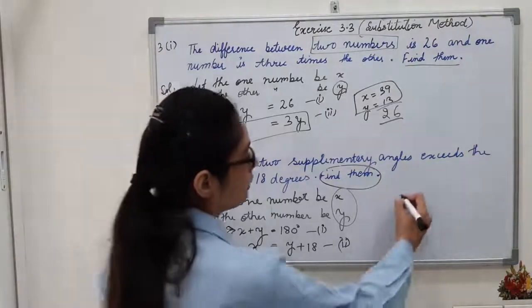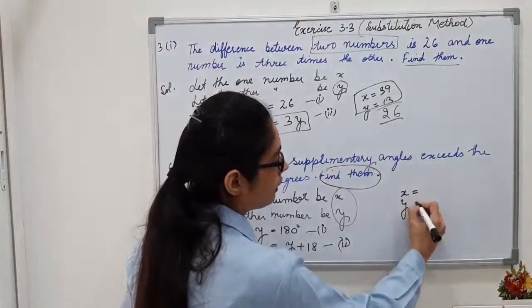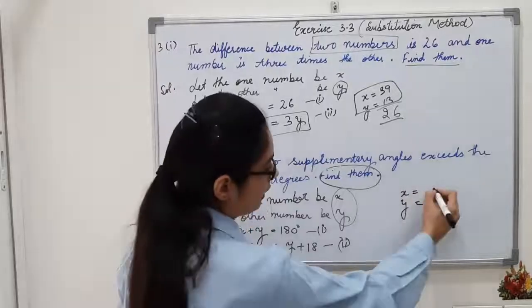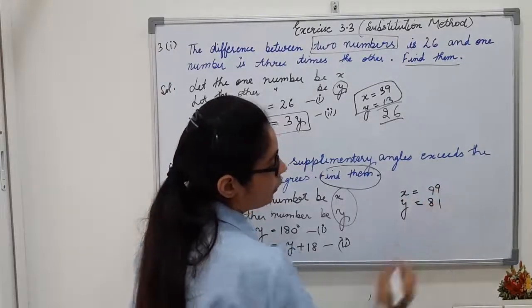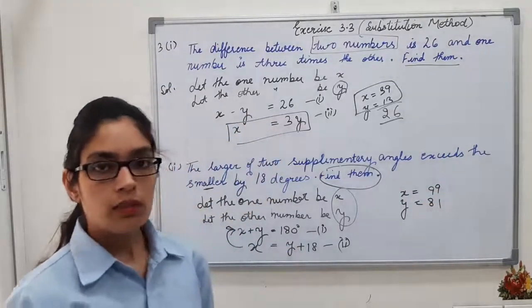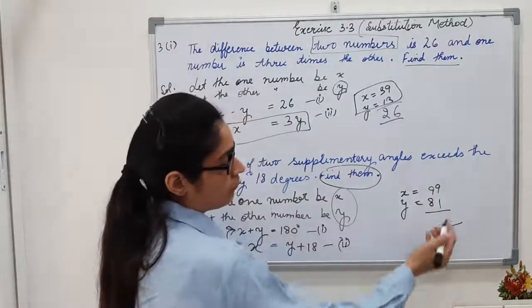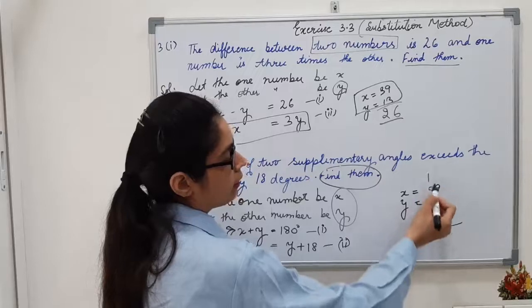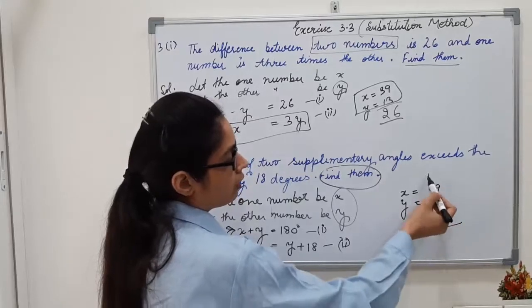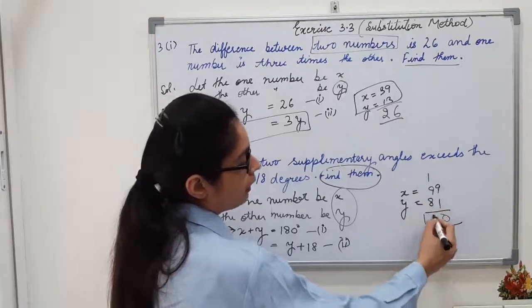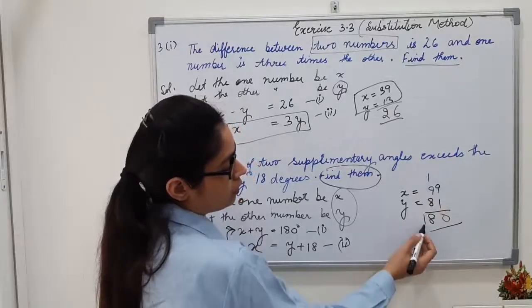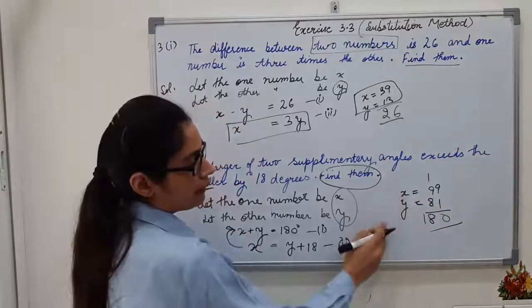On solving, the values are x equals 99 and y equals 81. And after getting the values, always try to check them. See, 9 plus 1 is 10 and 9 plus 9 is 18. So 180. See, if I am adding, I am getting 180.